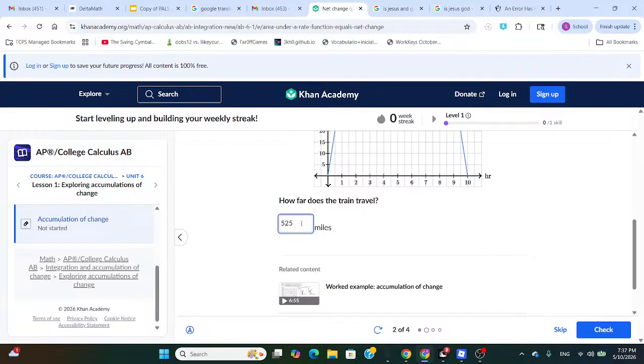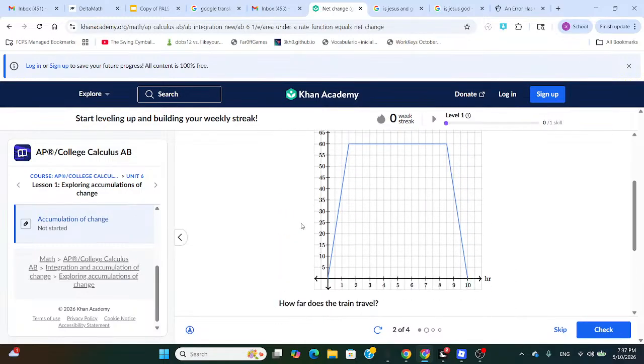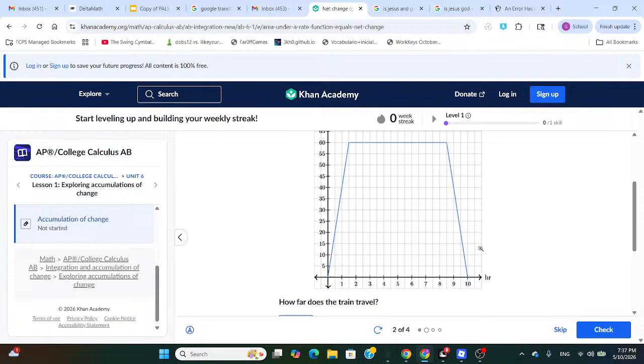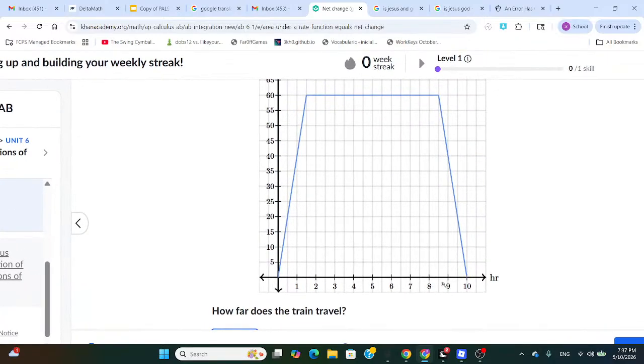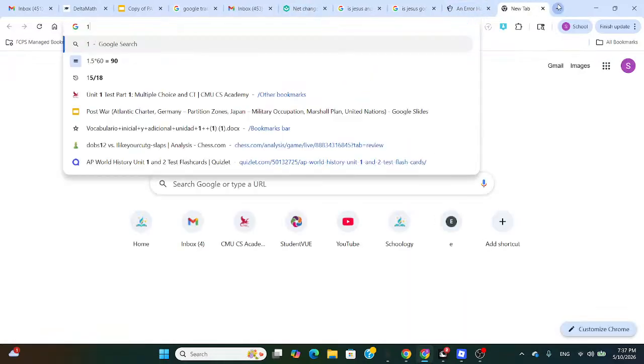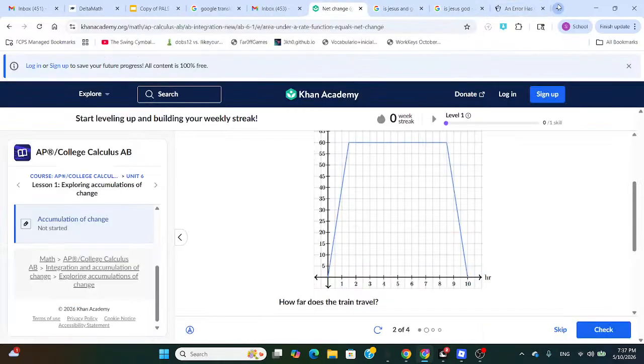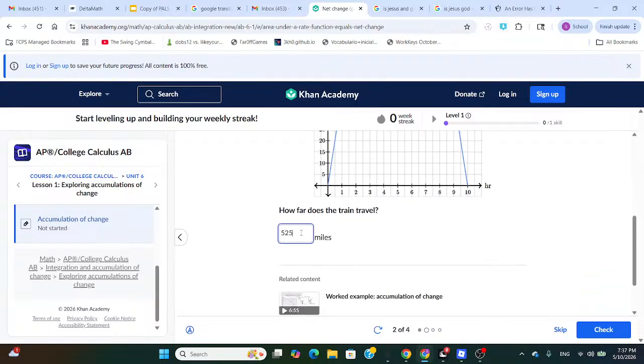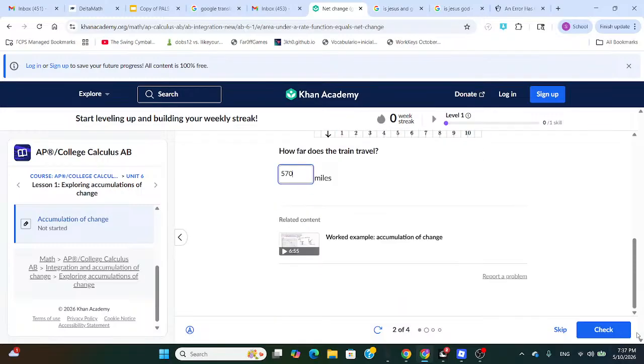Anyways, now let's look at this trapezoid. From 8.5 to 10 is 1.5. 1.5 times 60, what am I doing? Oh, it's 90. My bad. So you have to add another 45, which is 570.